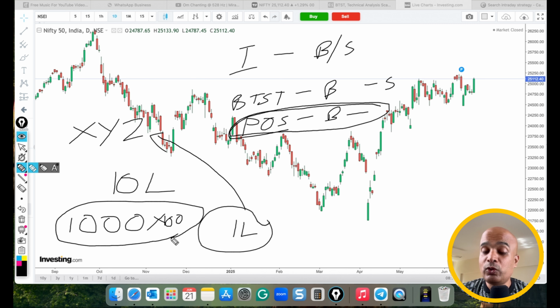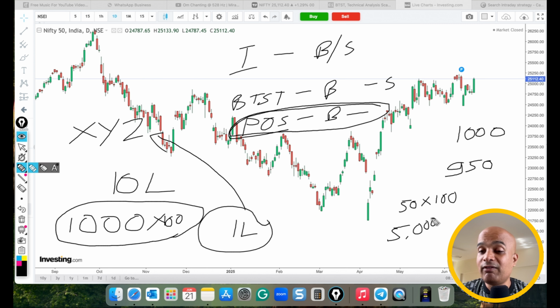Don't think that we are investing or risking the complete 1 lakh here. Why? Because when you're taking a trade at 1,000 rupees, your stop loss may be at 950 rupees. I'm just taking an example. If something goes wrong and the price opens below 950, that's a different story. But in most scenarios, your stop loss will be at 950, which means you're taking a risk of 50 points on 100 quantity, which means your risk is 5,000 rupees.